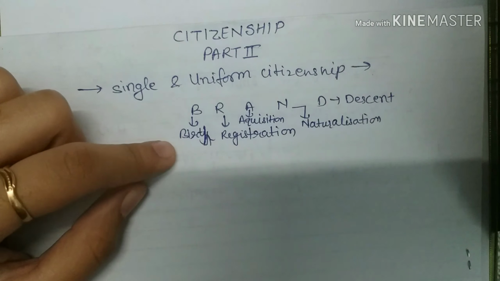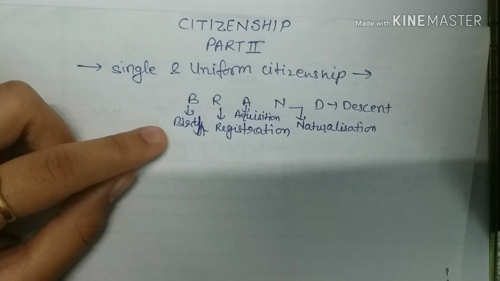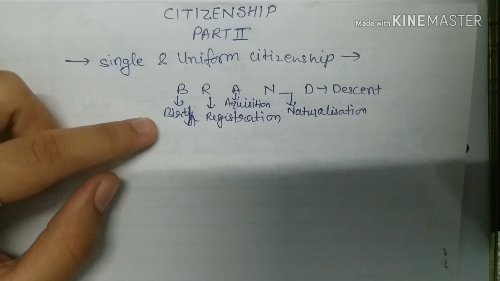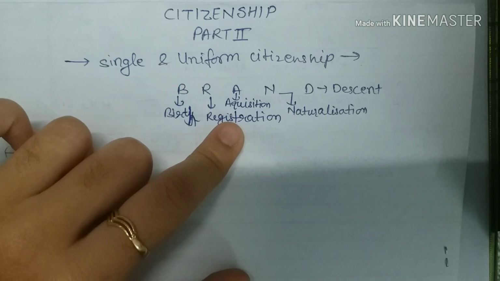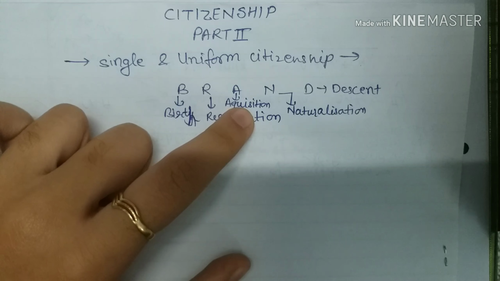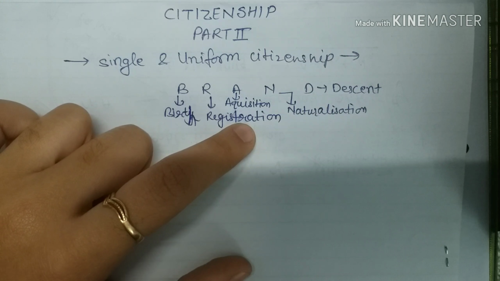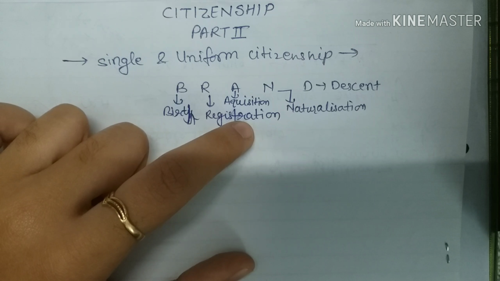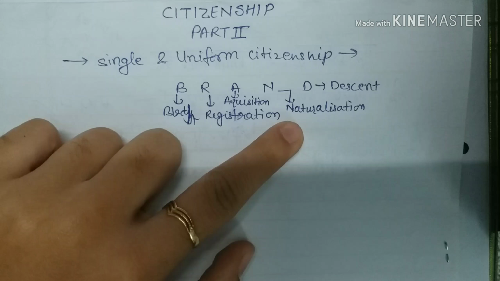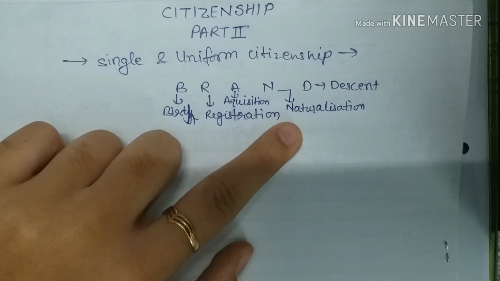Okay, so by birth, if someone is born here in India, then he is a citizen of India. If he is registered, then registration. Acquisition means if we acquire some territory, then people living in that territory will be treated as citizens of India. Naturalization refers to voluntarily acquiring citizenship.